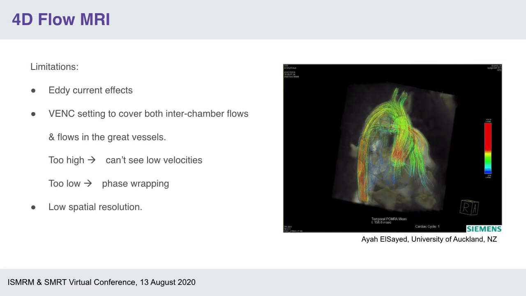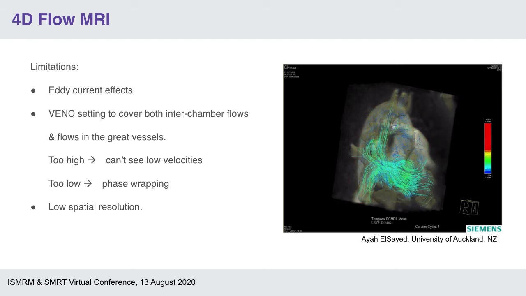And the 4D flow MRI has some limitations. Because of the rapid changes of the magnetic gradients, we see an increase of the eddy current in the 4D flow MRI. So we see an increase of noises.